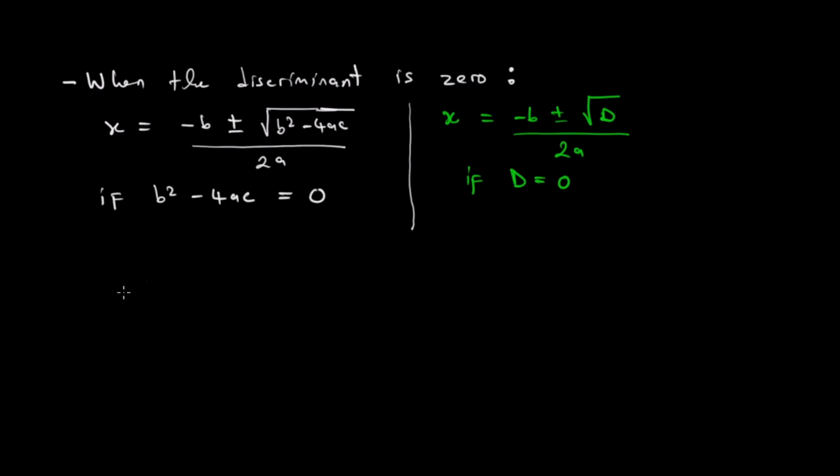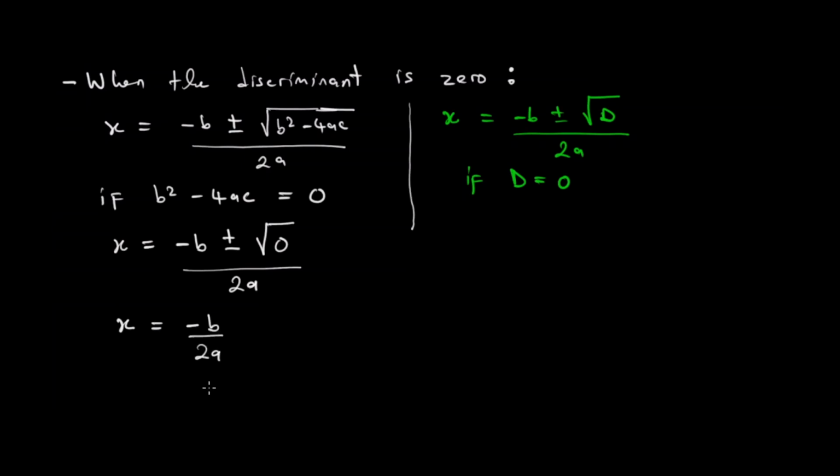So let us continue like this. If b squared minus 4ac is equal to 0, then x is equal to minus b plus or minus the square root of 0 over 2a. But the square root of 0 is obviously 0, meaning x will just be equal to minus b over 2a.